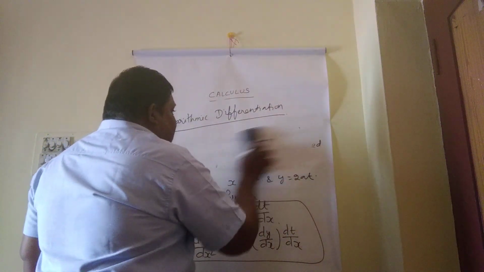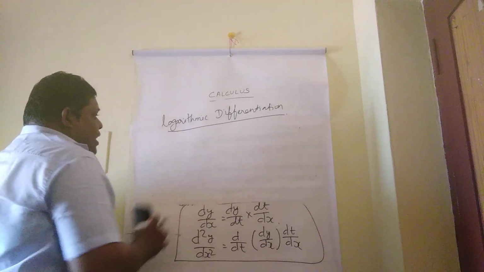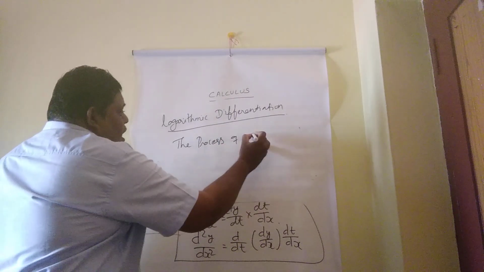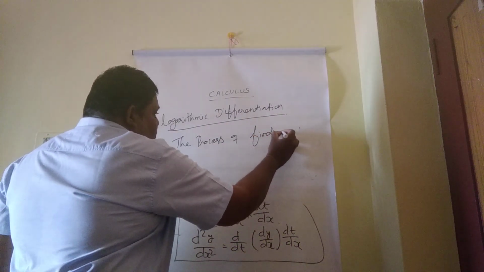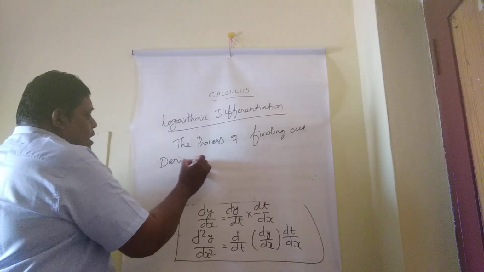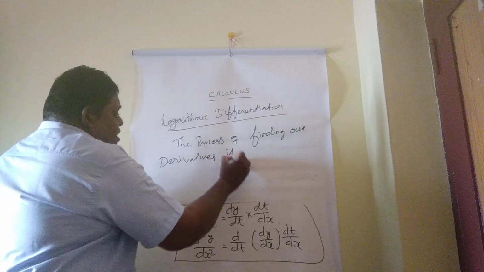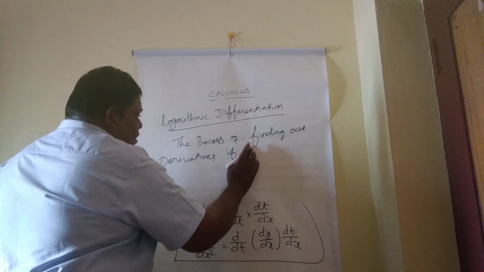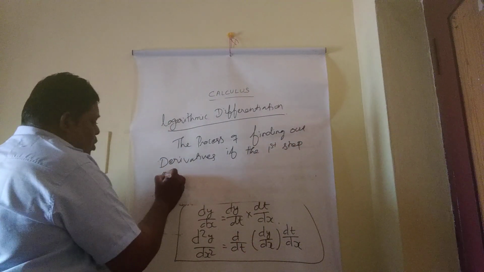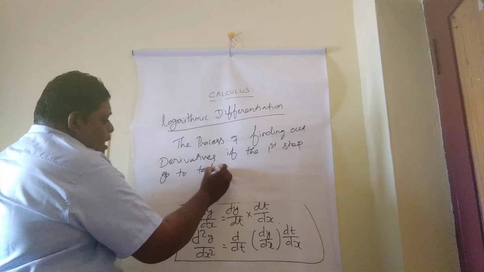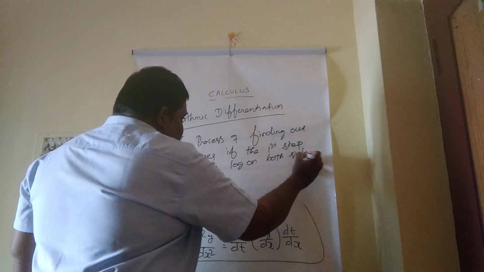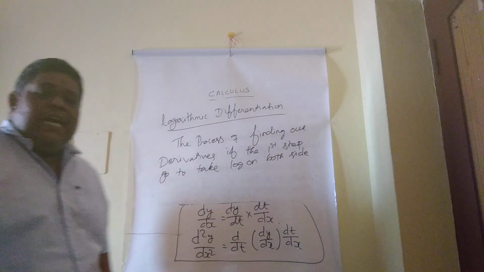The process of finding out derivatives, where the first step is to take log on both sides, is called logarithmic differentiation.